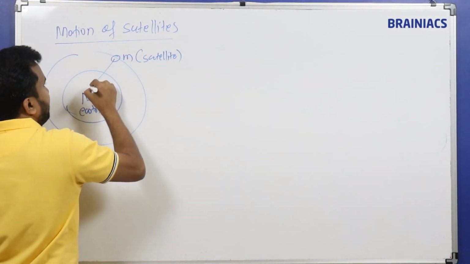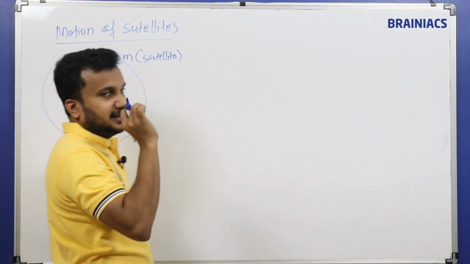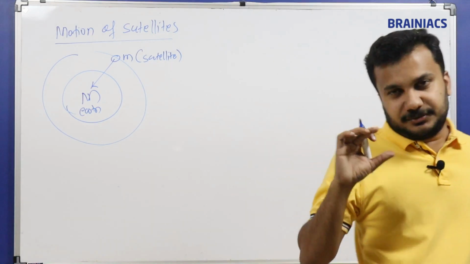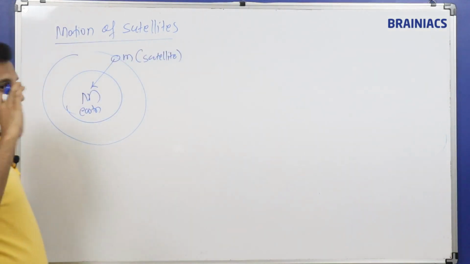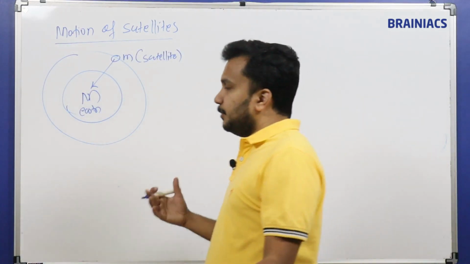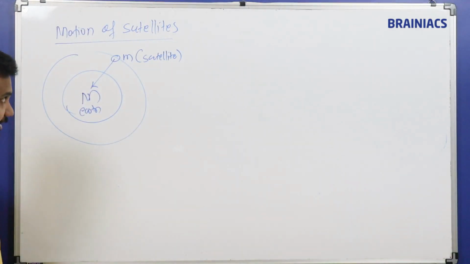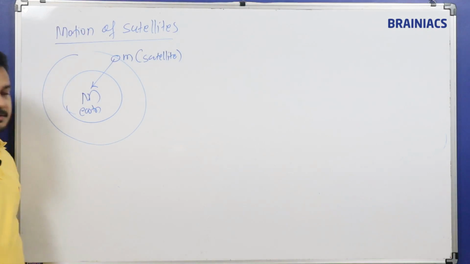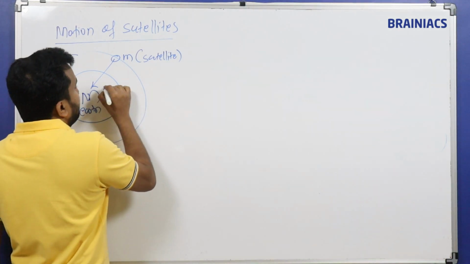So there is a central force here. Suppose I am assuming this height is negligible compared to the radius of the earth. The radius of the earth is 6,400 kilometers, such a big size, so compared to that the height will be negligible. Or you can consider the distance to be very high, whatever. In general the radius will be equal to r.